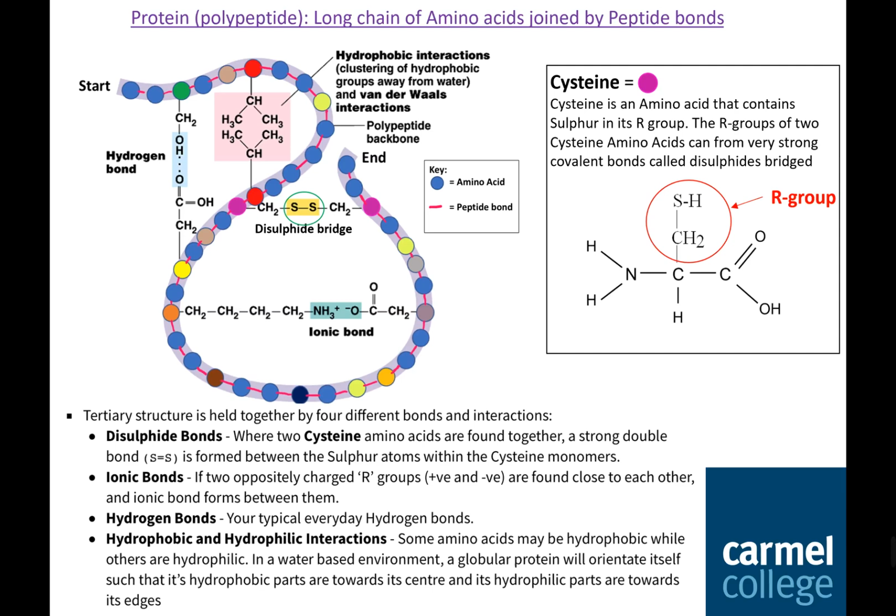Different amino acids have different R groups with different properties. Some amino acids have positively charged R groups, while others have negatively charged R groups. We can see here that the orange amino acid has a positively charged R group.